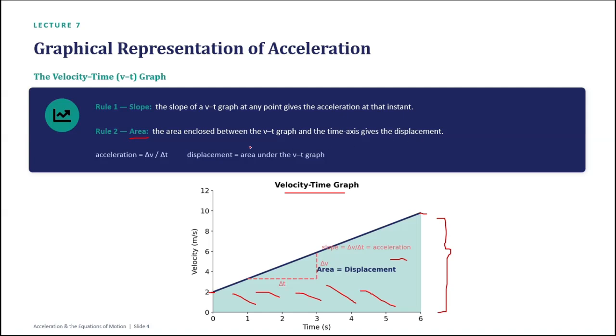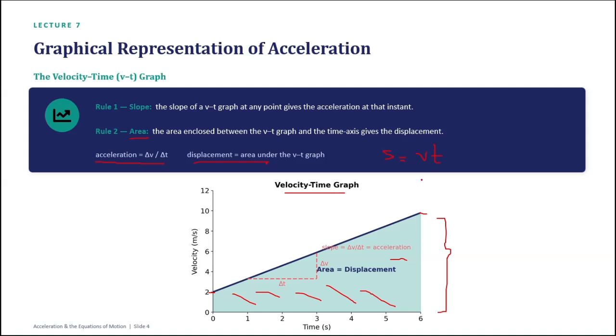So the slope of the velocity time graph gives us acceleration, while the area under this graph gives us the displacement. Displacement can be written as S is equal to velocity multiplied by time t, where S shows displacement.